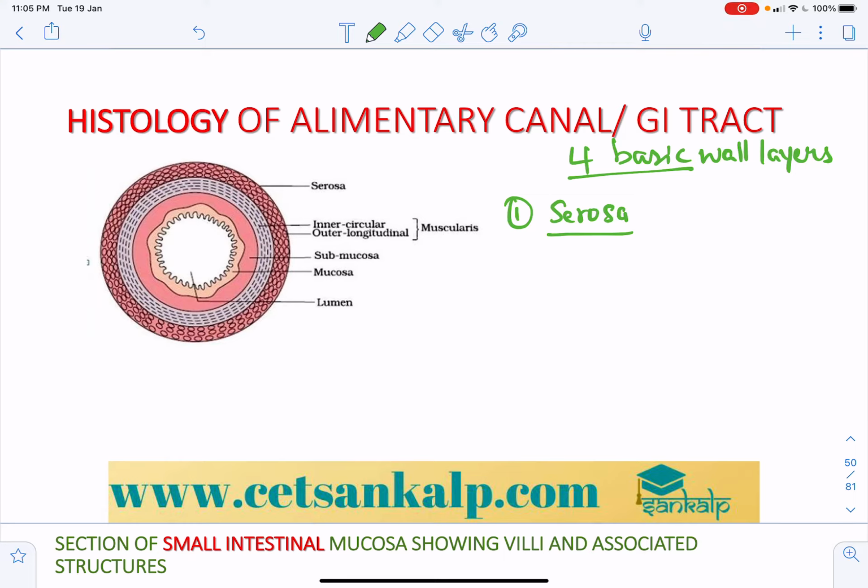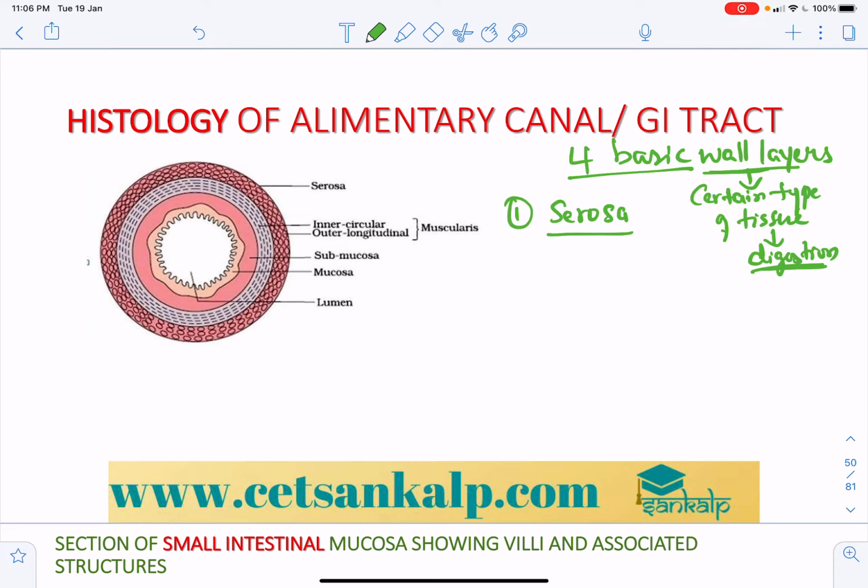Each of these layers is made up of a certain type of tissue, and those tissues play a major role in digestion. All together, these wall layers in one way or the other play a role in digestion.